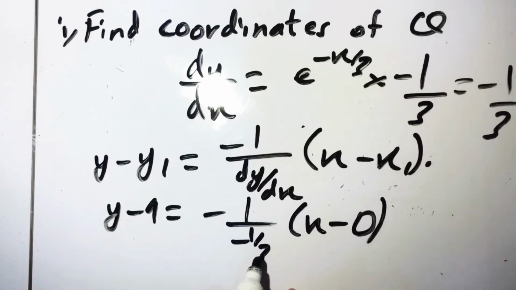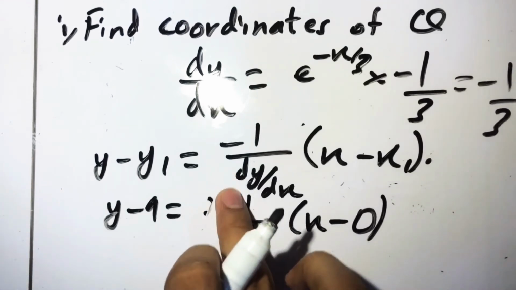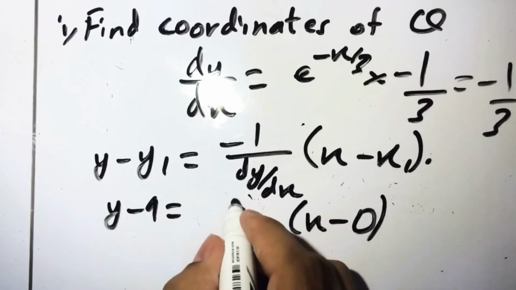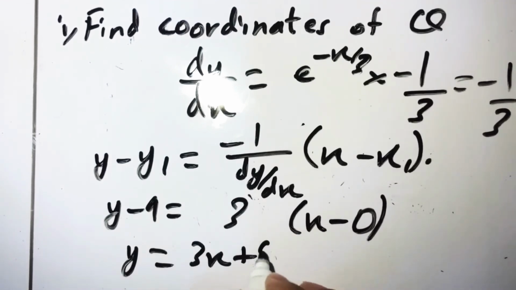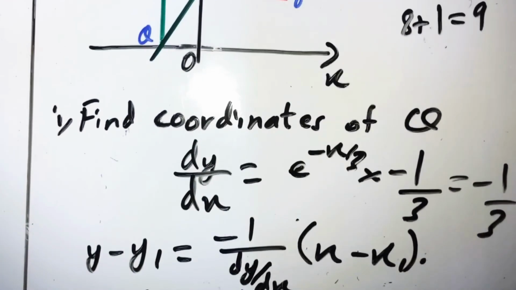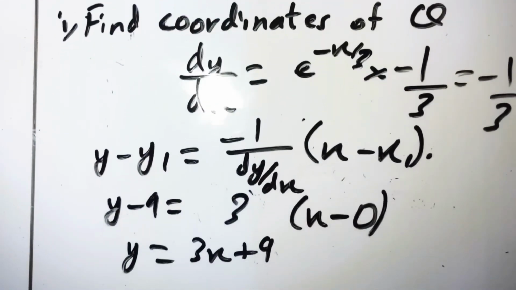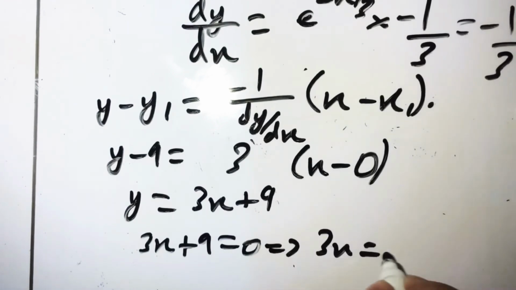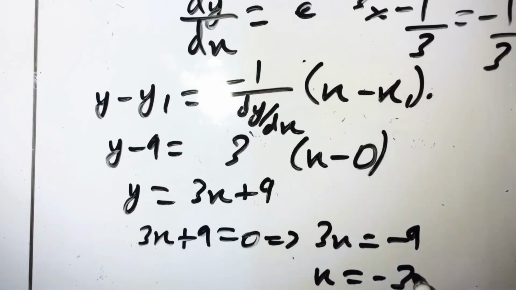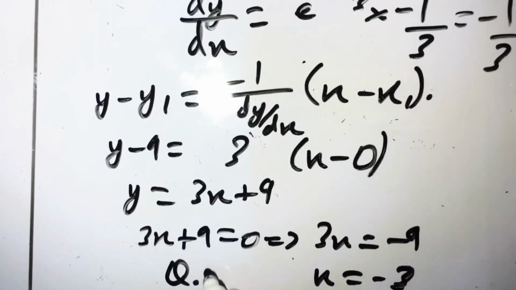Now 3 shifted over there will become 3, so y equals 3x plus 9. Now Q is the x-intercept, at the x-intercept y is 0, so 3x plus 9 equals 0, therefore 3x equals minus 9 and x equals minus 3. So the coordinates of Q are minus 3, 0.